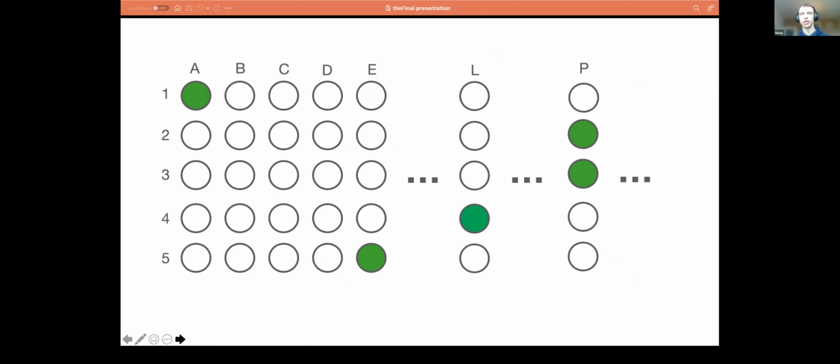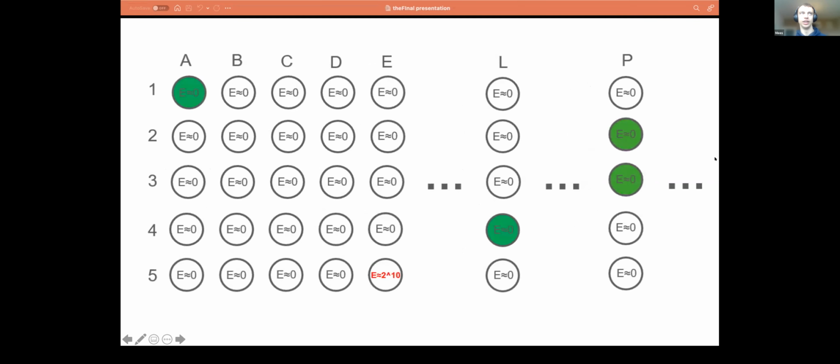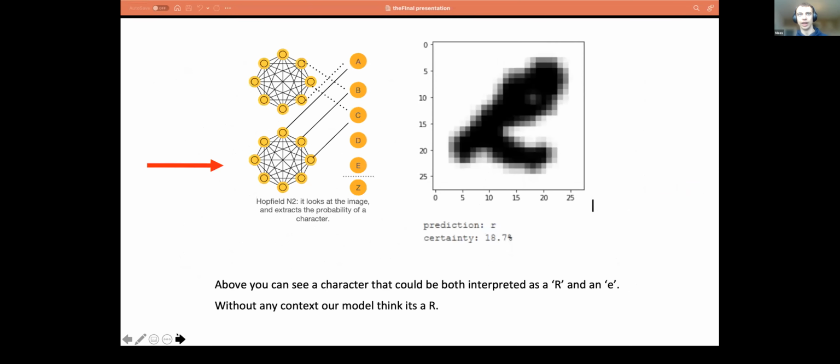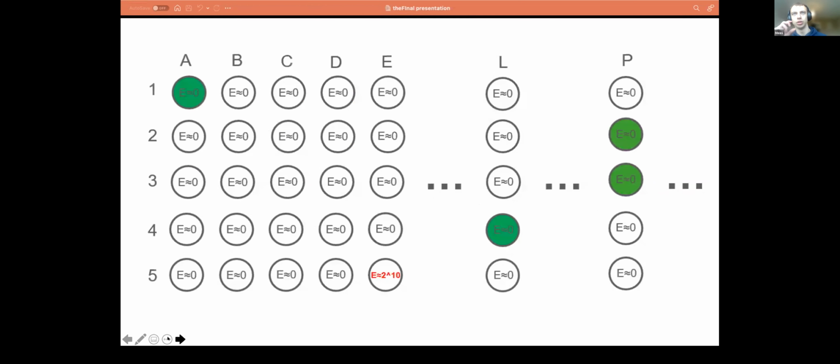And what happens if we now try to input Apple without the E? You will see that the energy in all of those neurons is almost close to zero, but in the E, it's very high because it really wants to flip. And this energy is where we derive the probabilities from, as you see in the slides.